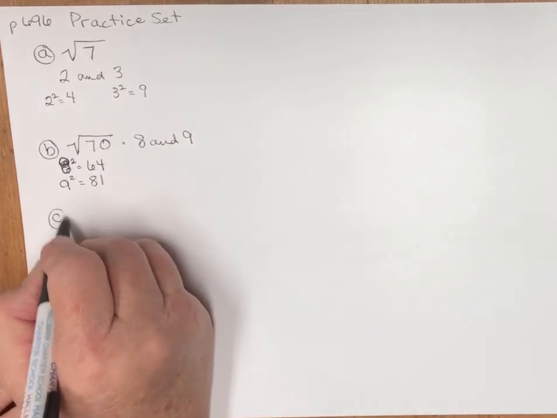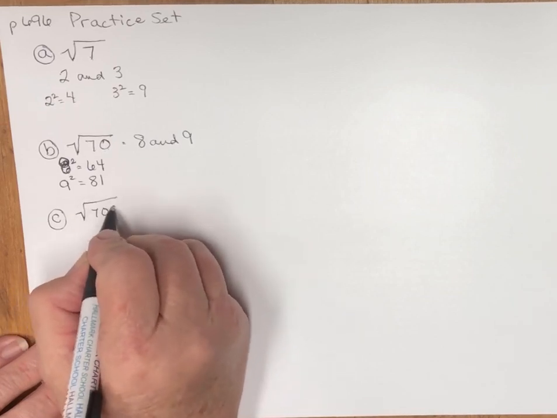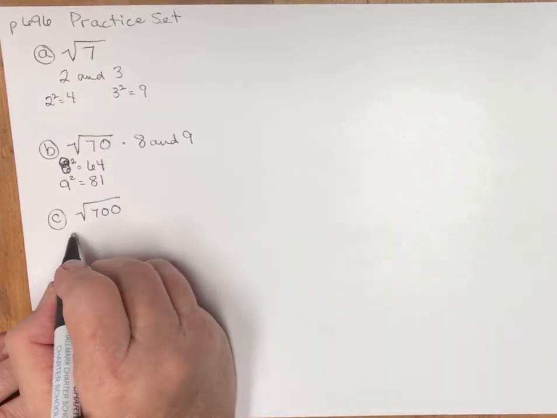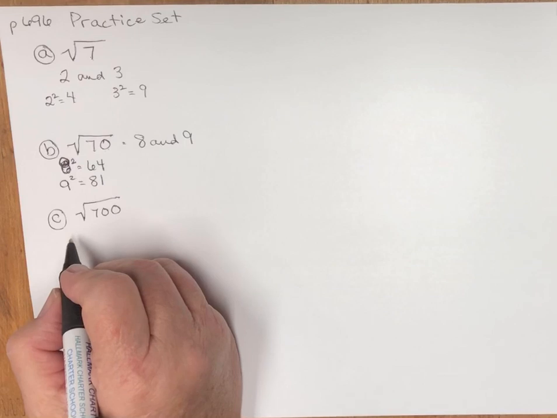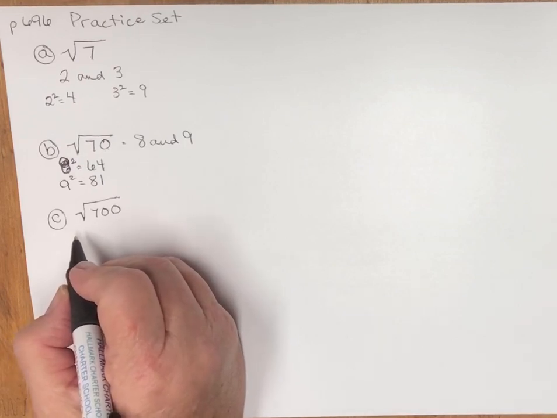Let's look at C, the square root of 700. Okay, this might take us a little longer. 10 squared is 100. 11 squared is 121. 12 squared is 144.